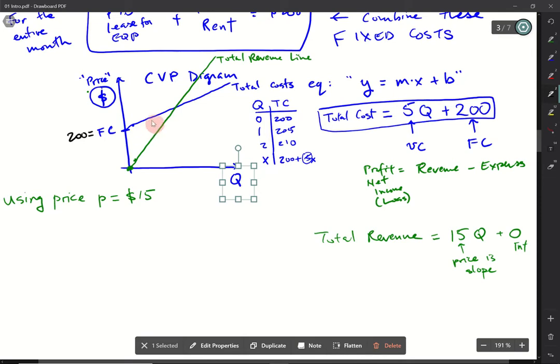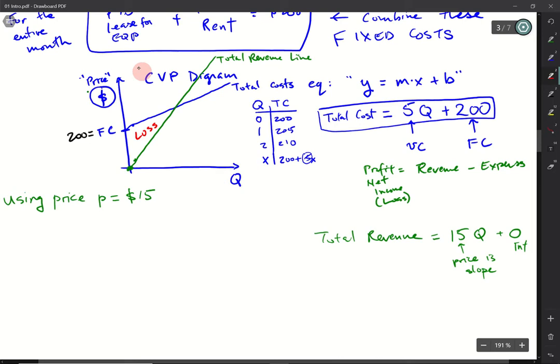Loss. Just call this loss. So costs exceed revenue. Costs are larger than revenue. Okay? So this is this sort of closed triangular region.